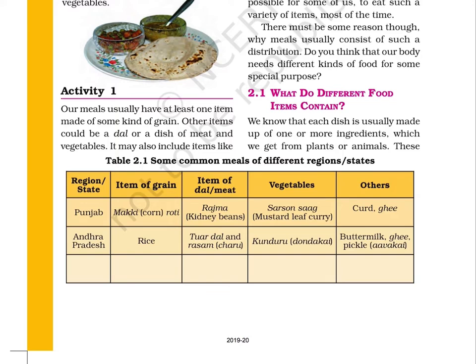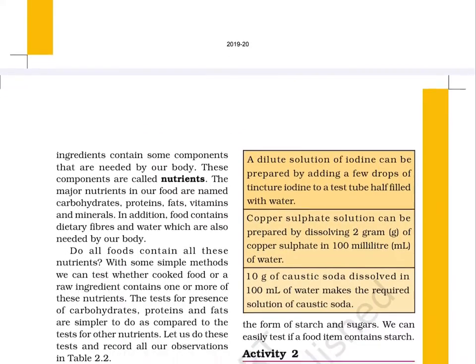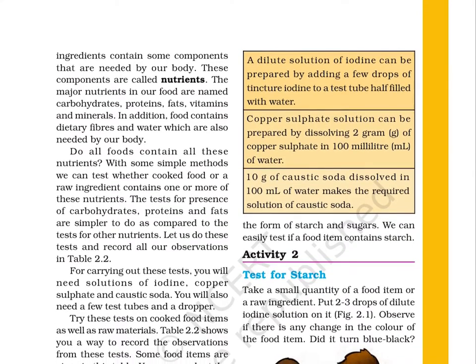2.1. What do different food items contain? We know that each dish is usually made up of one or more ingredients, which we get from plants or animals. Page 9. These ingredients contain some components that are needed by our body.